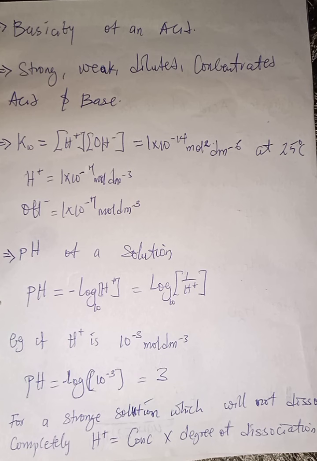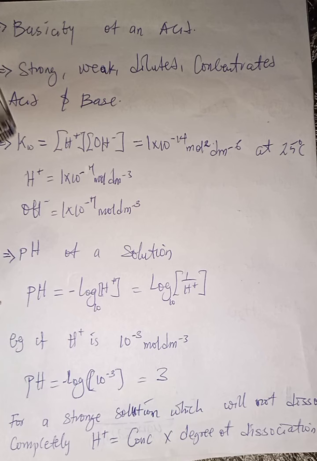So an acid that cannot ionize completely, that ionizes just partially, is called a weak acid. A diluted acid is an acid that has more of the corresponding solution than the acid, while a concentrated acid is an acid that has more of the acid than the corresponding solution. So also with the base.